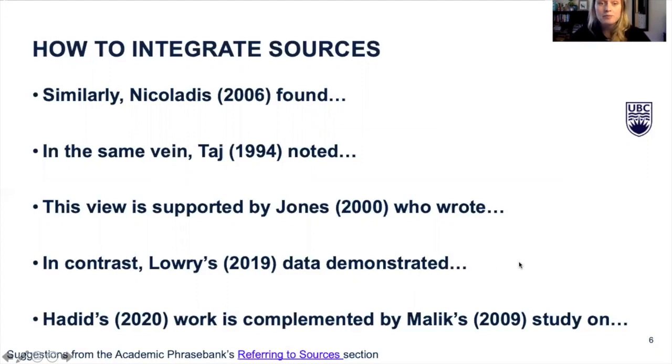So these sample phrases come from the academic phrase bank, and they identify the author of the work, and they describe what findings they had. You can also use transition words to identify whether you are trying to describe comparisons between studies, or if you're trying to indicate differences between studies using words like in contrast or however.